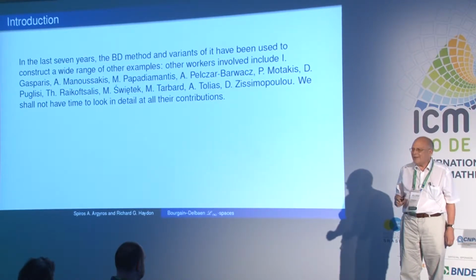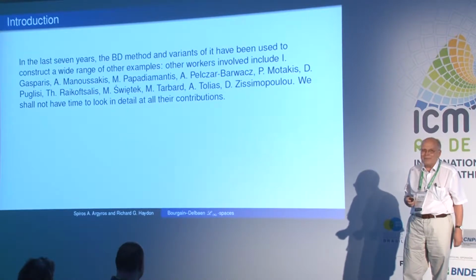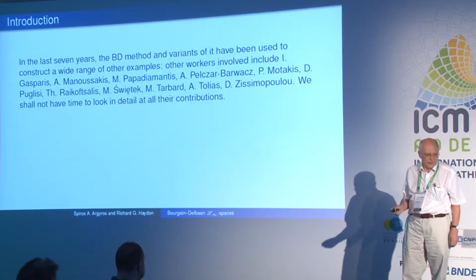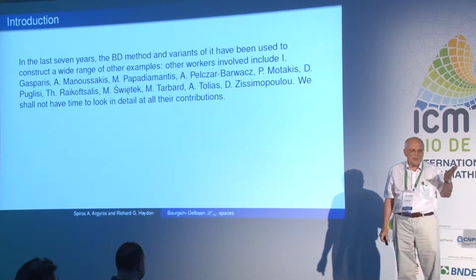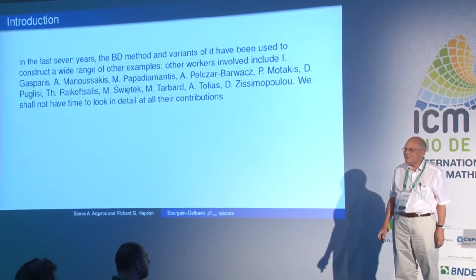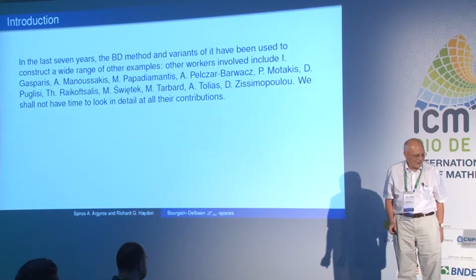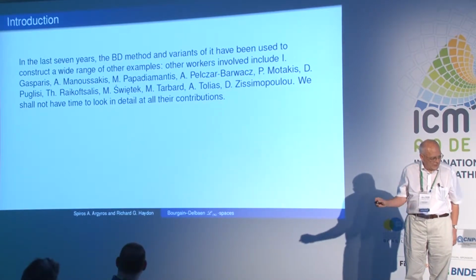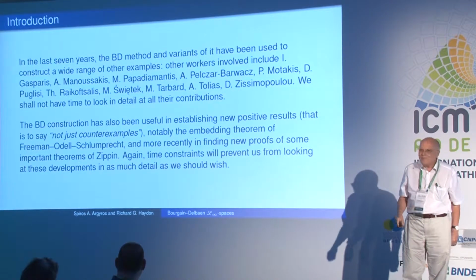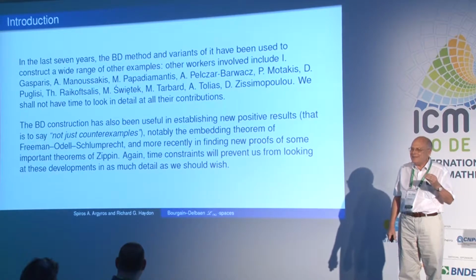And really, for my part of this talk, I'm going to concentrate on trying to explain in a not too technical way how the construction of this scalar-plus-compact example works. Spiros will then take over and talk more about invariant subspaces and some more recent work that doesn't use the Bourgain-Delbaen construction.